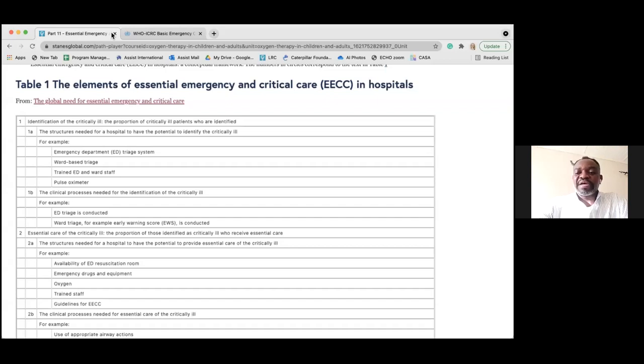So if you want to analyze our respective institutions and see what is the gap in identification, what are you seeing that could be the gap that usually leads to failure of identifying the critically ill patient? In identification, what are the things that we need to identify a critically ill patient?